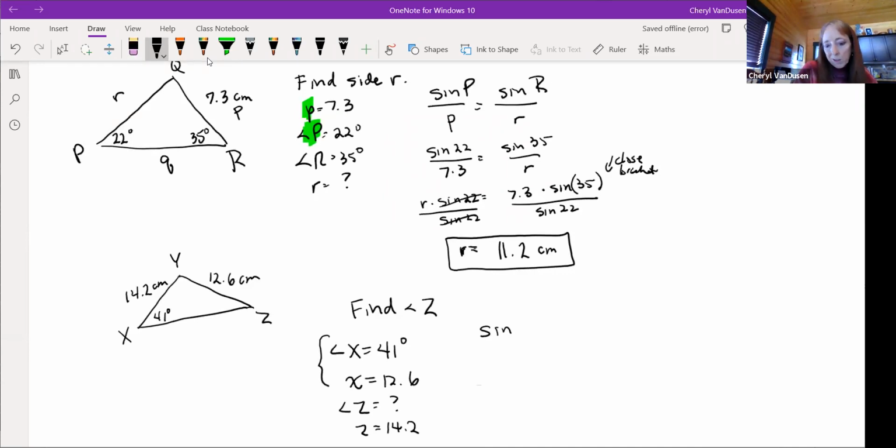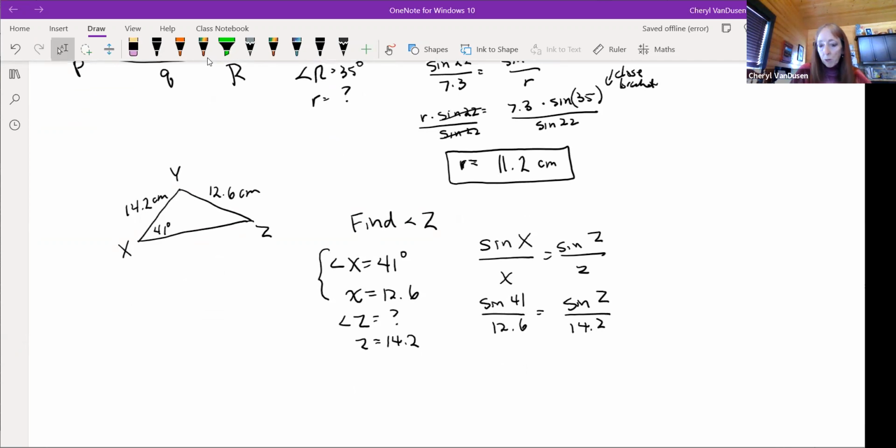And you notice I like the angle on top. If you do it the other way around, totally cool as well. I'm going to write the formula with the letters in first. Sine X over X is sine Z over Z. And then we'll go sine of 41 over 12.6 is sine of Z over 14.2.